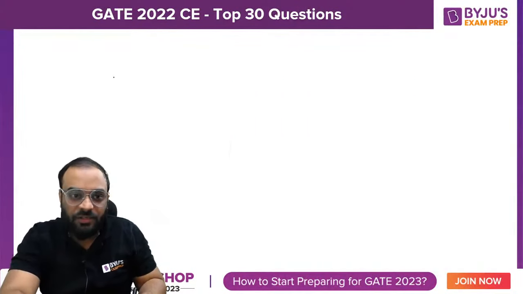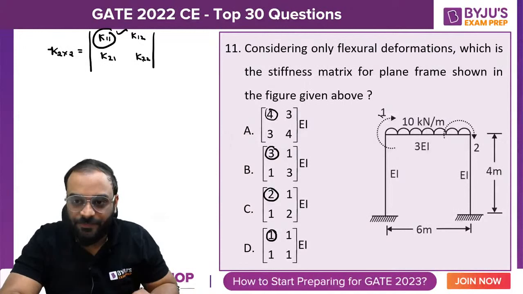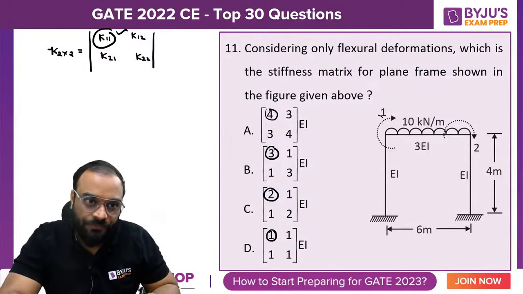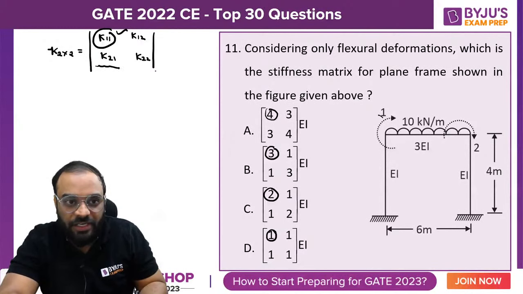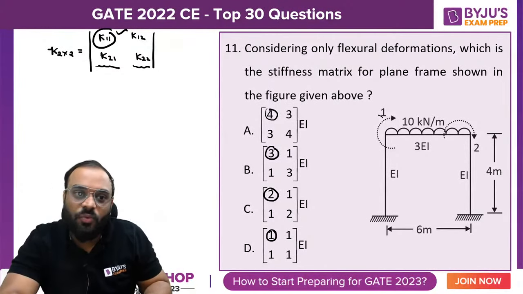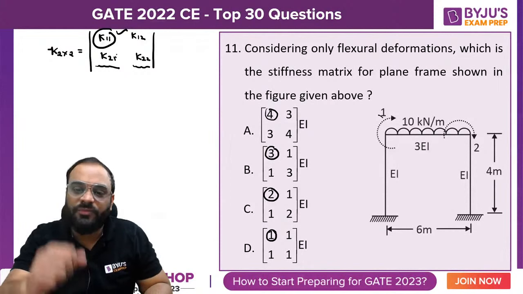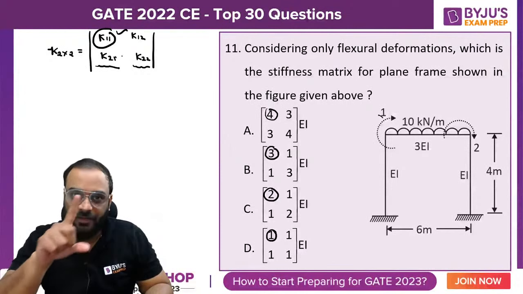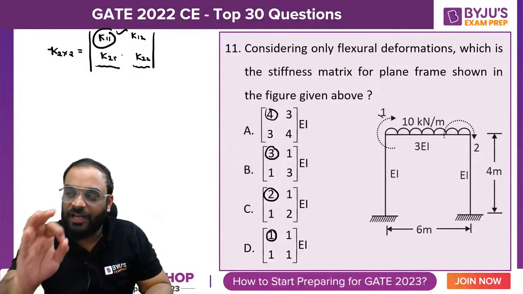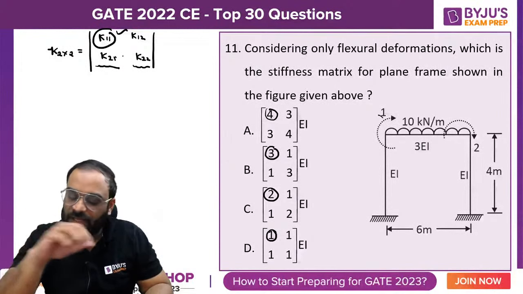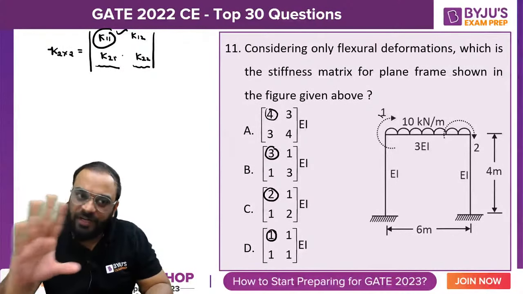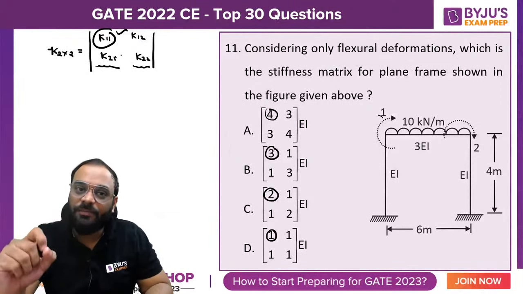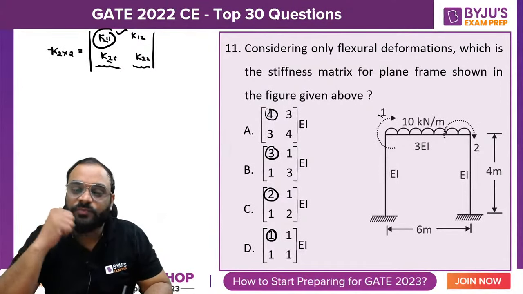So guys, as per the stiffness matrix, you can see here, this is column 1 element and this is column 2 element. So what is the common thing over here? 1, right? 1 is common. So can I say that we have to give a unit rotation in direction 1 only, and lock the other coordinate direction, and find out the force developed in direction 1 and in direction 2.